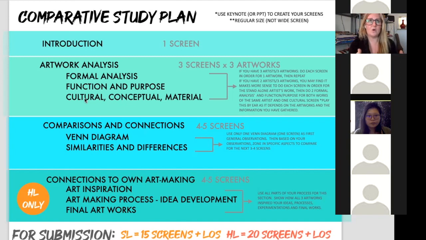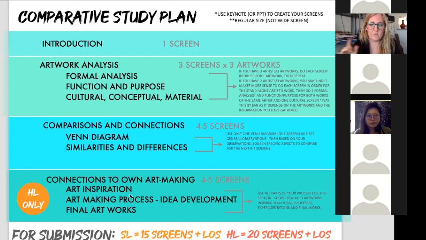Then they go into detail from what they found in the Venn diagram, and they use four screens to pick key parts to compare, picking out similarities and differences like composition or cultural influences, whatever they found had the most information.